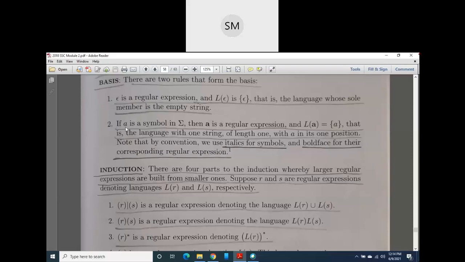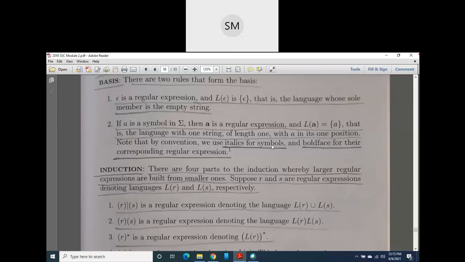Here A is written in italic, so it is a symbol. It means it is an alphabet, a character belonging to the set of characters, sigma. So symbols will be written in italics, and its corresponding regular expression will be written in bold.